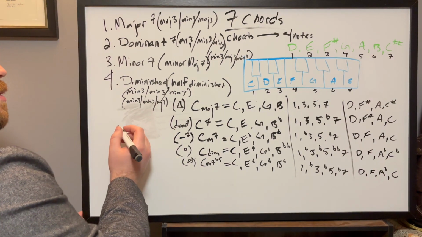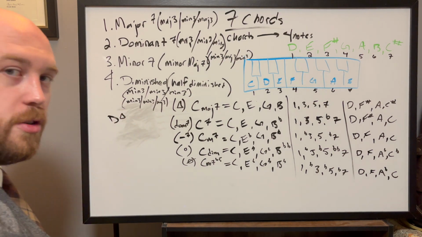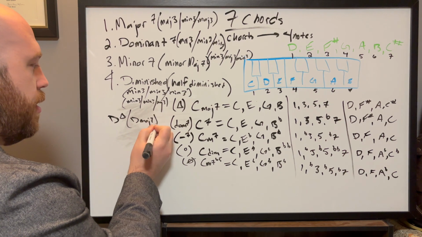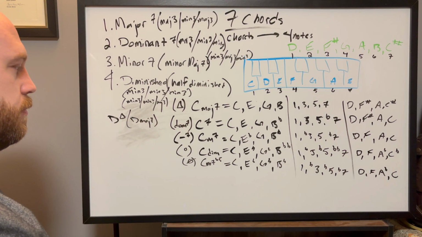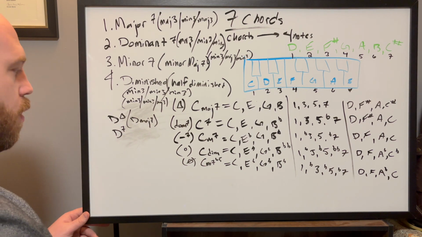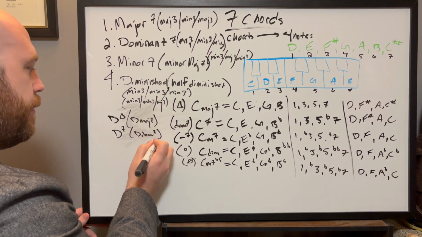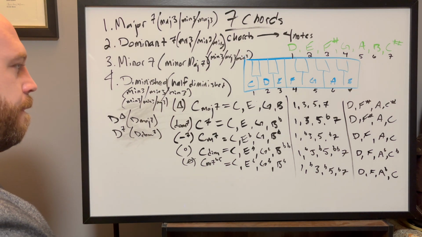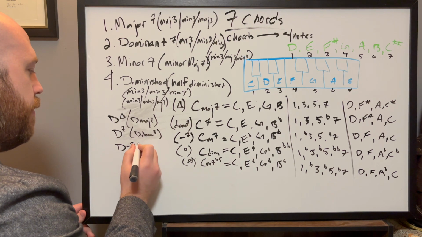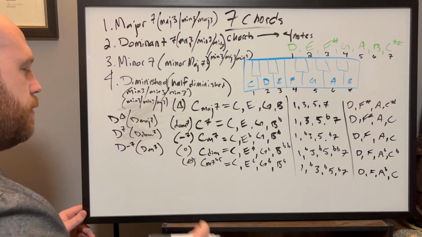Okay, and those would be written D major 7 with a triangle, or could be, like we did with the C, could be written like that. Dominant 7 would look like this, or could say D dom 7. Minor 7 would look like this, D minor 7, or like we did it with the C, little n, D minor 7.